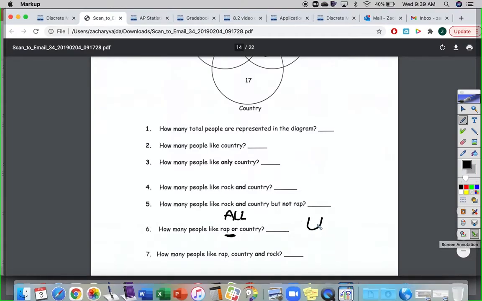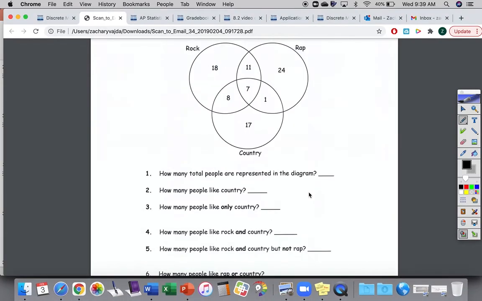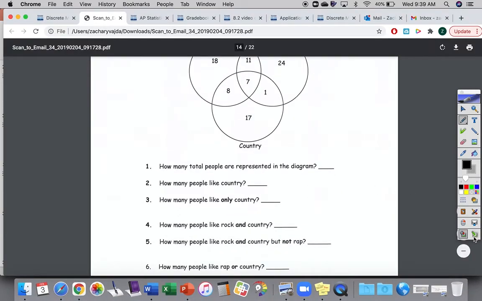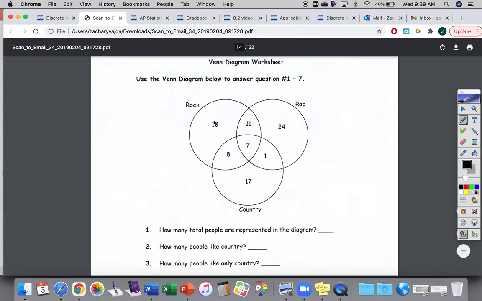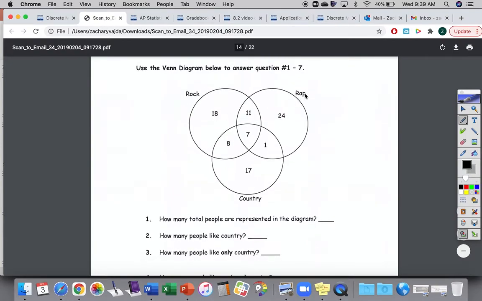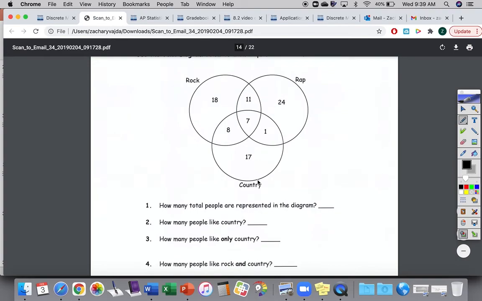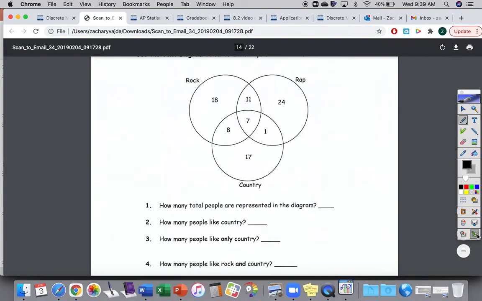So I want to say who likes rap or country. We're looking at rap on the right. Rap is on the right, isn't it? Yeah. Rap is on the right. Country's on the bottom. We're looking for or.